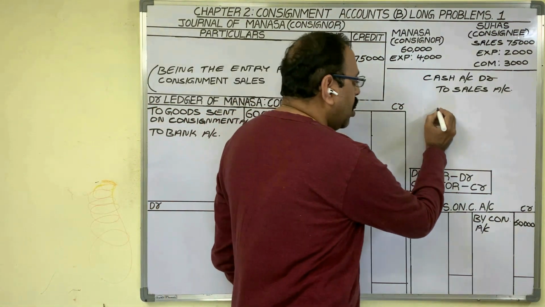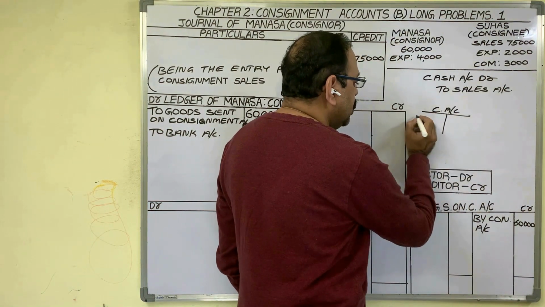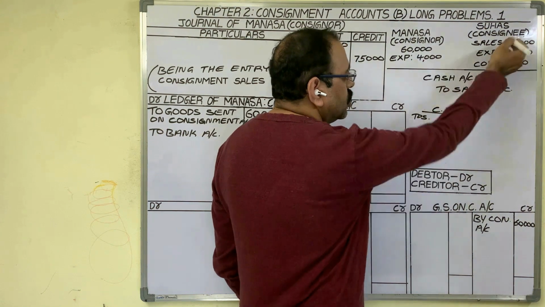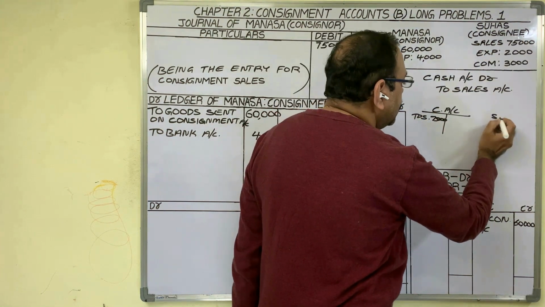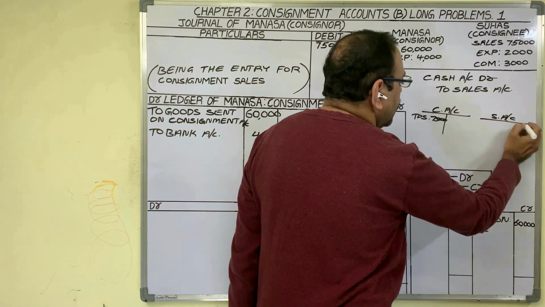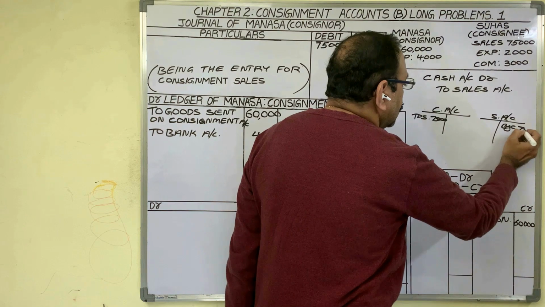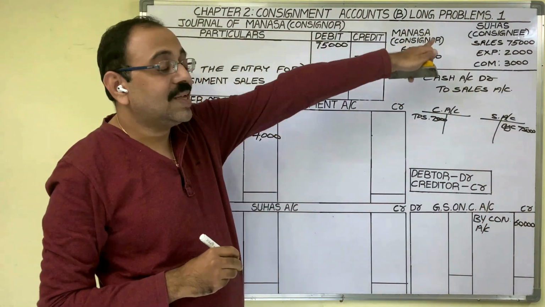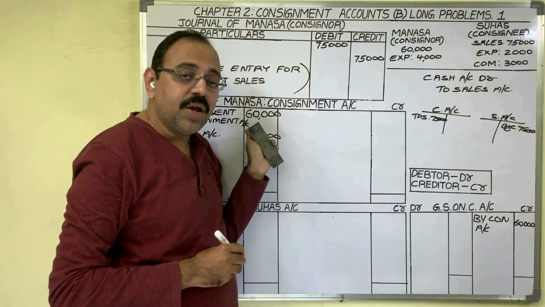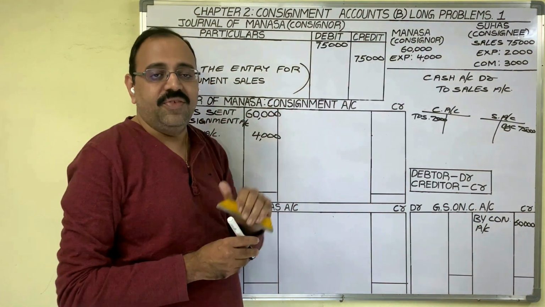In cash account debit side, and in sales account credit side, 75,000 rupees. Are you showing this consignment sales in consignment account? No. Therefore, this is not the correct entry.